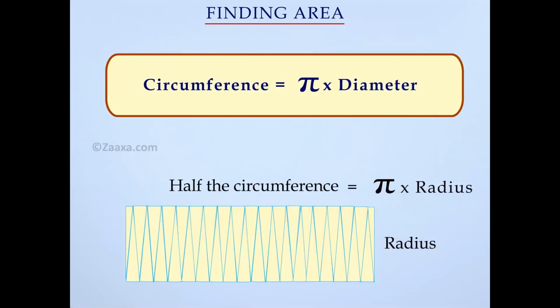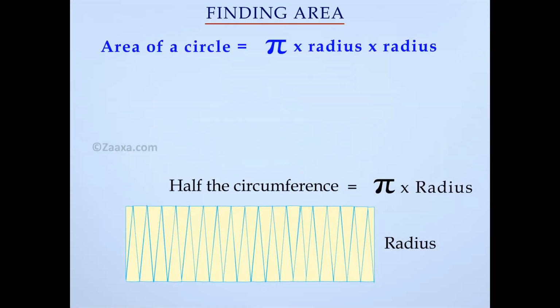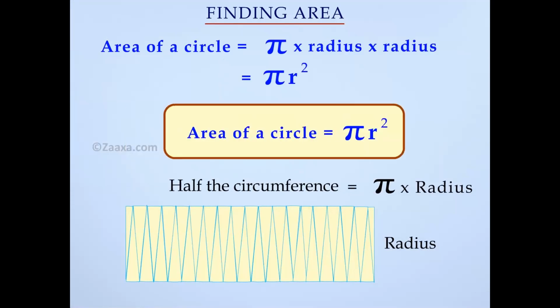You know we need to multiply the length and breadth of a rectangle to find its area. So in order to find the area of this rectangle, we need to multiply the length and breadth, which could be written as pi r squared. Thus, to find the area of a circle, we use the formula pi r squared.